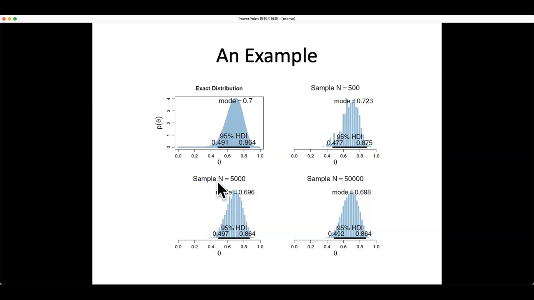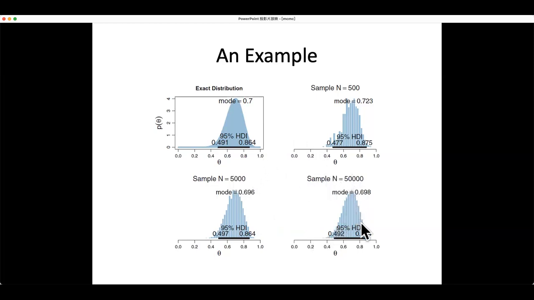But when you increase the sample to, for example, 5,000, the distribution becomes much smoother, and the mode becomes much closer to 0.7. And you could increase this 5,000 to 50,000, increasing the scale of your sample by another order.